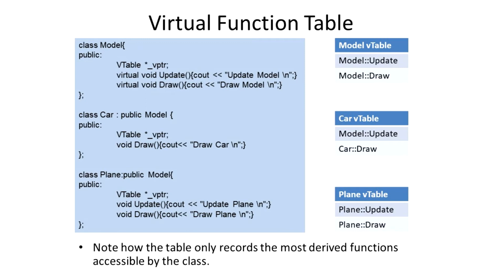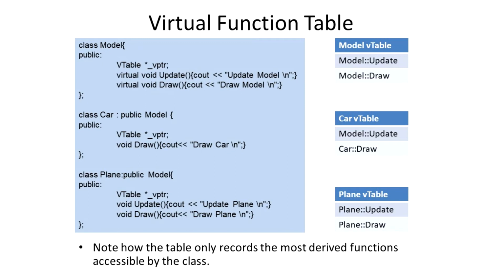The principle here is that the table only records the most derived functions accessible to each class. So you'll see the most relevant and specific derived functions here. Because, of course, we don't want to call the parents' versions of them. We want to call the function that's going to be specific for the class. If we've got overridden versions in the child, we want to call those overridden versions rather than the generic versions. Remember, this is compile time.